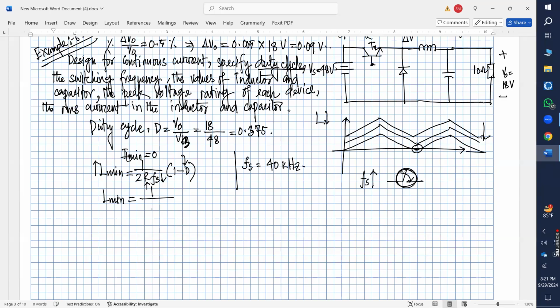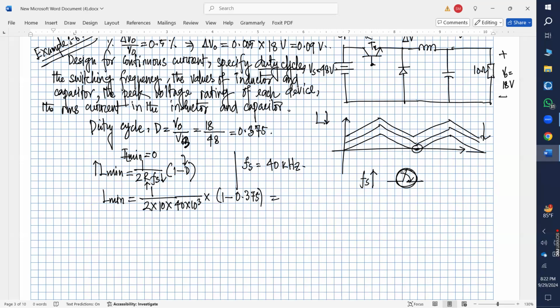So it should be 1 over twice multiplied by 10 ohm multiplied by 40 kilohertz. So 40 into 10 to the power 3 multiplied by 1 minus 0.375. That gives you L min value.